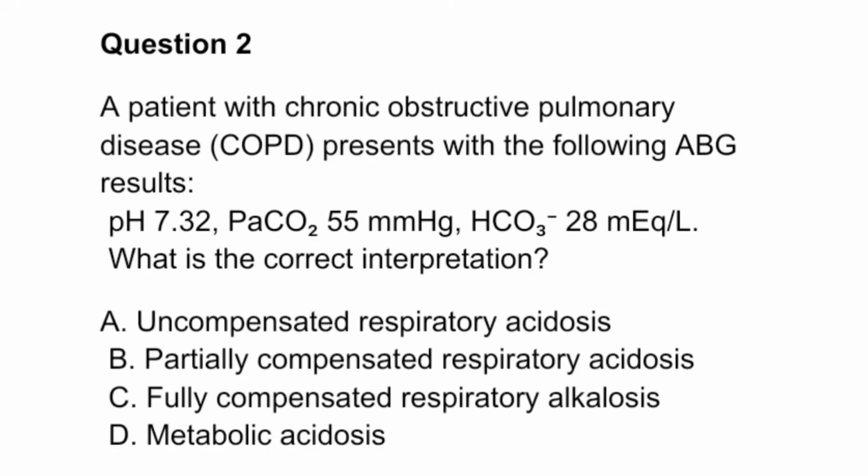Question 2. A patient with chronic obstructive pulmonary disease, COPD, presents with the following ABG results: pH 7.32, PaCO2 55 mmHg, HCO3- 28 mEq/L.